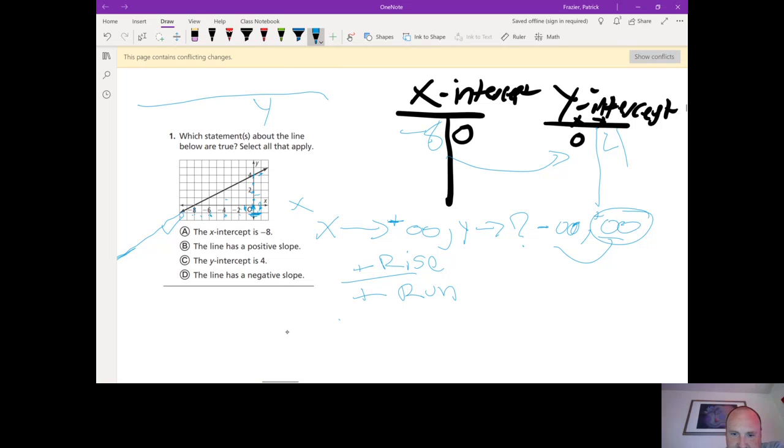A positive divided by a positive is always a positive. So that would be a positive slope, which means it's not a negative slope. So we'd have a check mark by that. The one that is incorrect is D. D is incorrect, but the other 3 are correct.